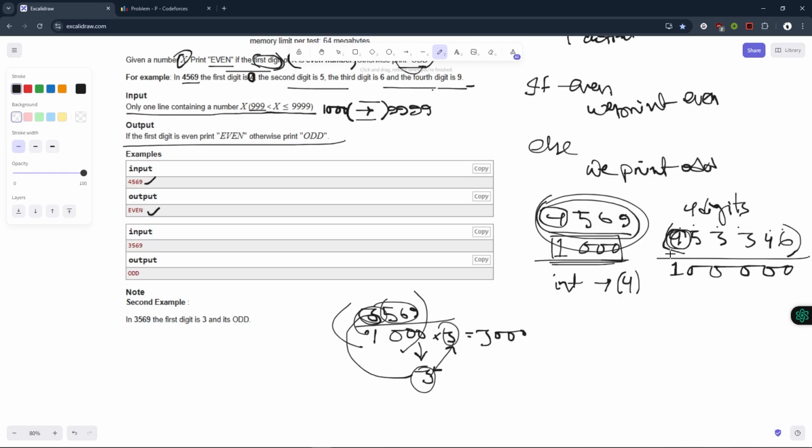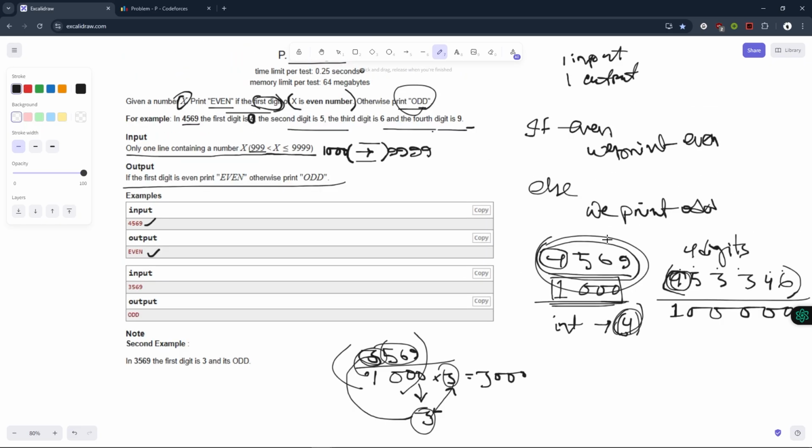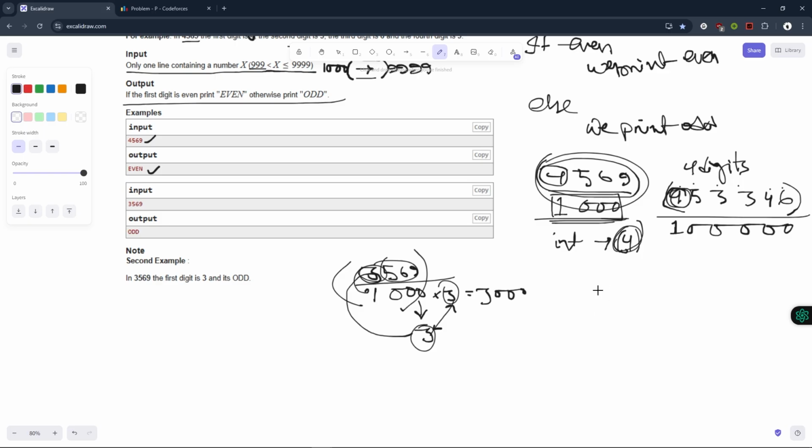Now if we got the number, which is 4, now we have to check whether 4 is even or not. To check whether it is even or not, we know that a number is even if it is divisible by 2. So we can just calculate it using the modulo operator.